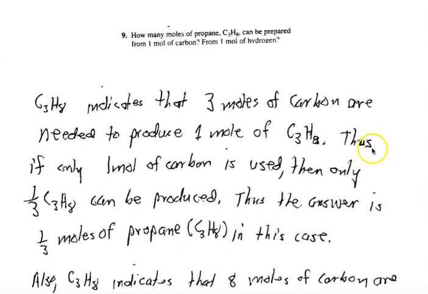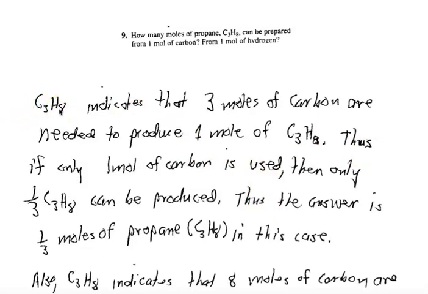So I want you to know just a little bit about these moles. How many moles of propane, and propane is C3H8, can be prepared from 1 mole of carbon, first question, or from 1 mole of hydrogen, second question? Let me do the first question firstly. So the given formula is C3H8.